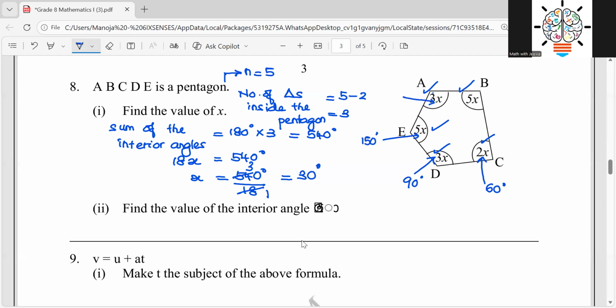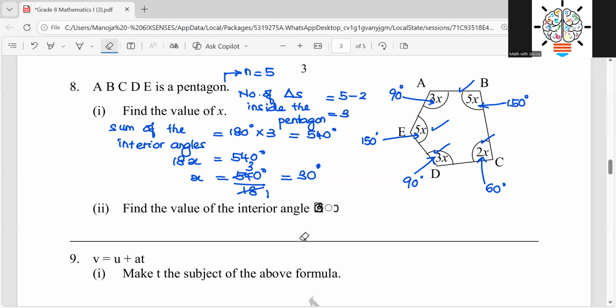This one will be 90 degrees. And this one will be 150 degrees. I don't know which angle they are asking because it is not printed properly. But anyhow, if you have the paper with you, you can find which interior angle they are talking about. Whatever it is, I have given all the values, right?